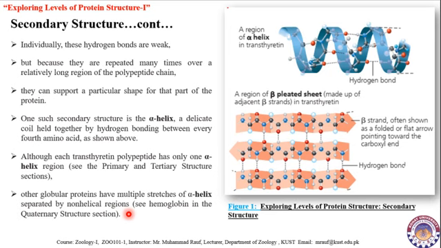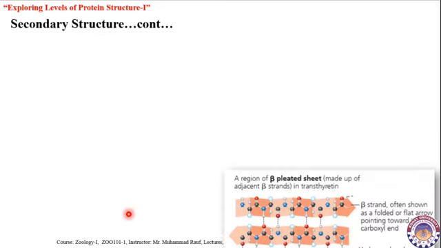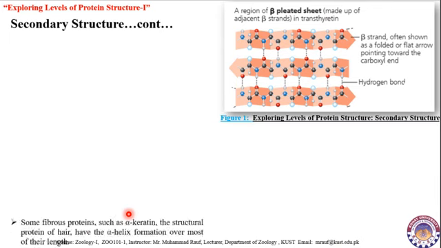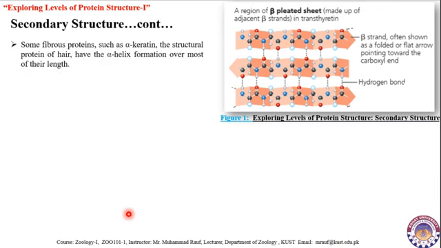So a single polypeptide may have both helical regions and non-helical regions. Now, beta-pleated sheets. Some fibrous proteins such as alpha-keratin, the structural protein of hair, have the alpha helix formation over most of their length.